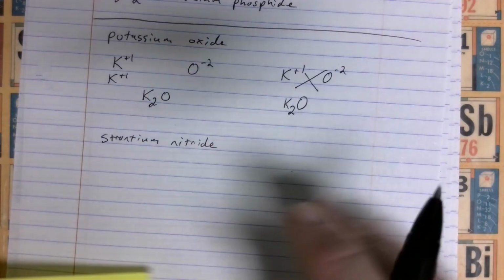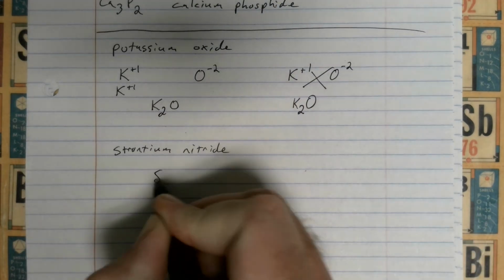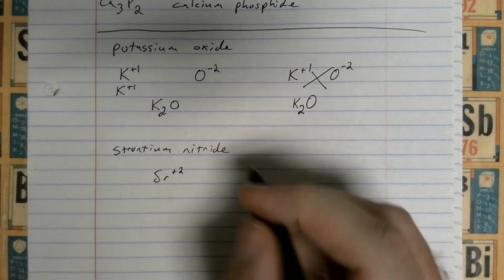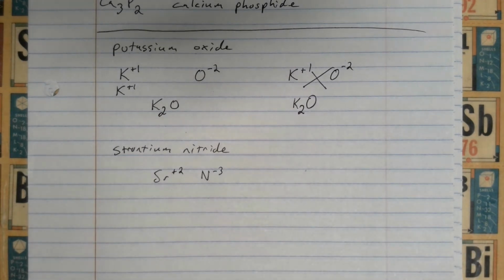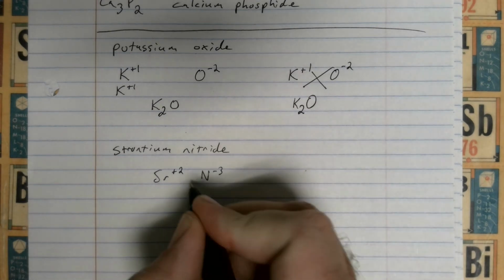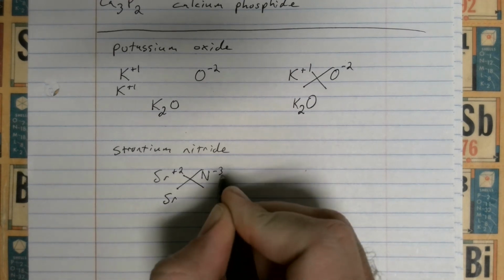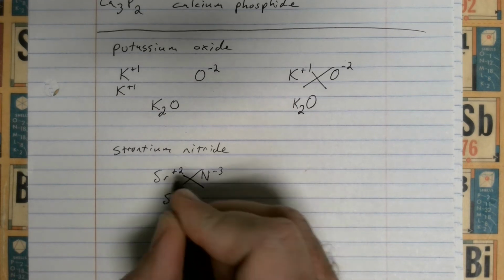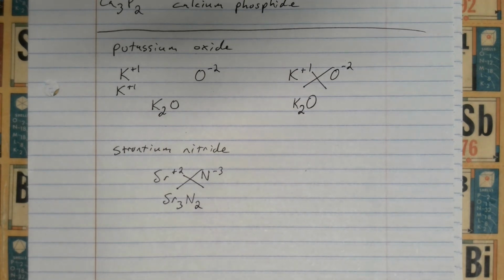So strontium, write that down, Sr plus 2, nitrogen minus 3. So how am I going to get these to be neutral? Again, let's swap and drop. So we have Sr3, the 3 from nitrogen goes over there, and then the 2 from the strontium goes over to the nitrogen. So Sr3N2.